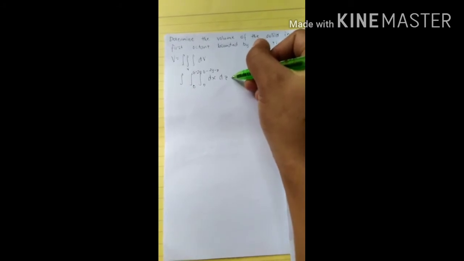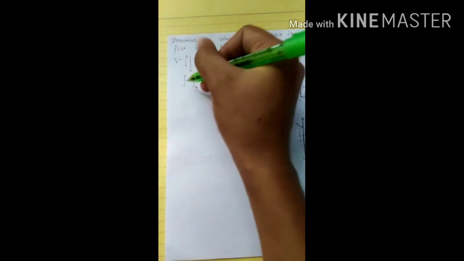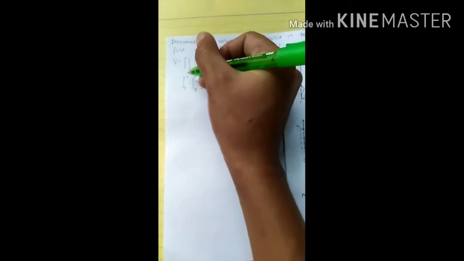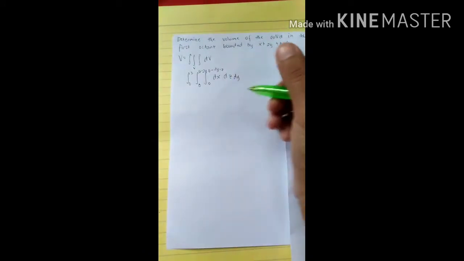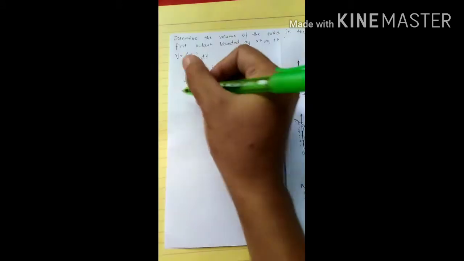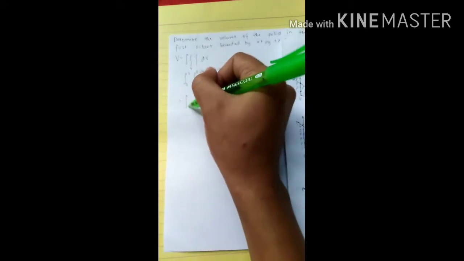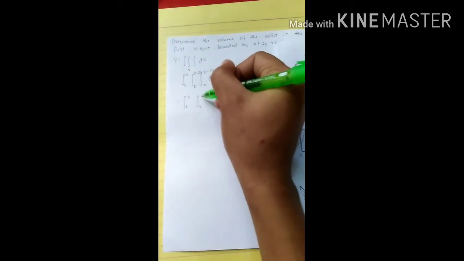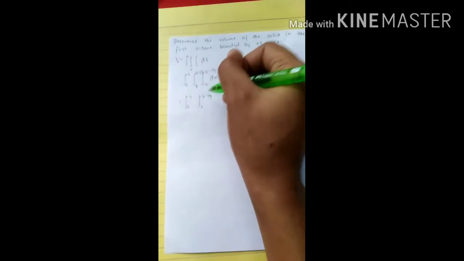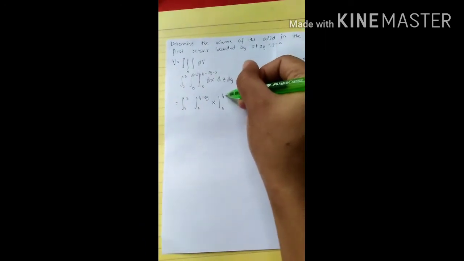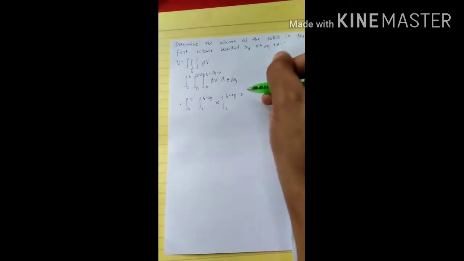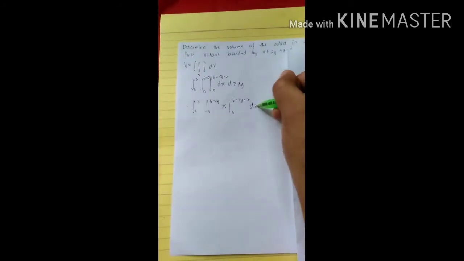And then lastly, dy with the limit of 0 to 3. So first, we have to evaluate with respect to x. So we have x with the limit of 0 to 6 minus 2y minus z, dz dy.